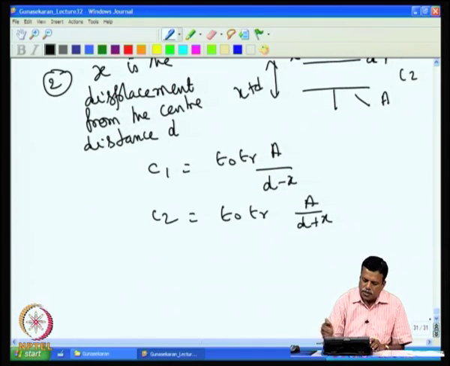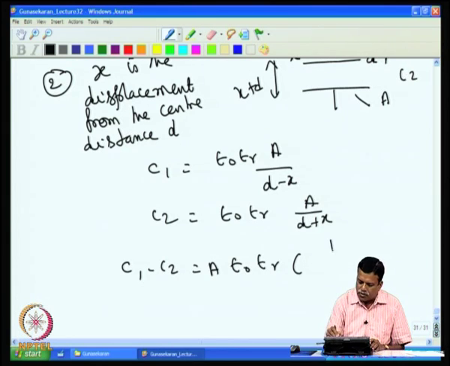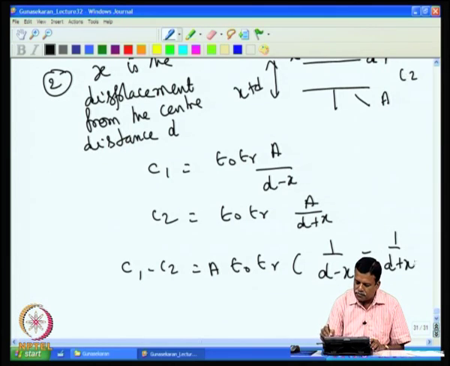So, C1 minus C2 gives epsilon naught epsilon r into A, times 1 by d minus x minus 1 by d plus x.